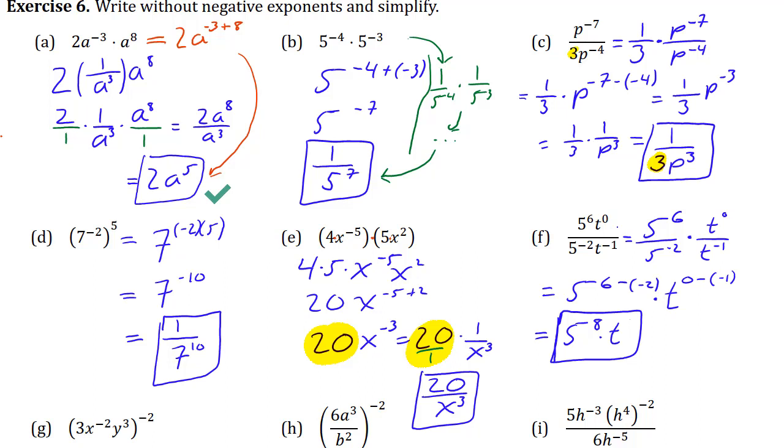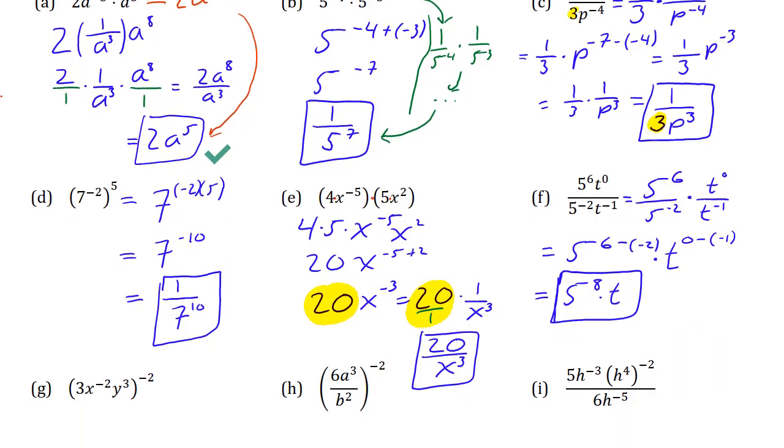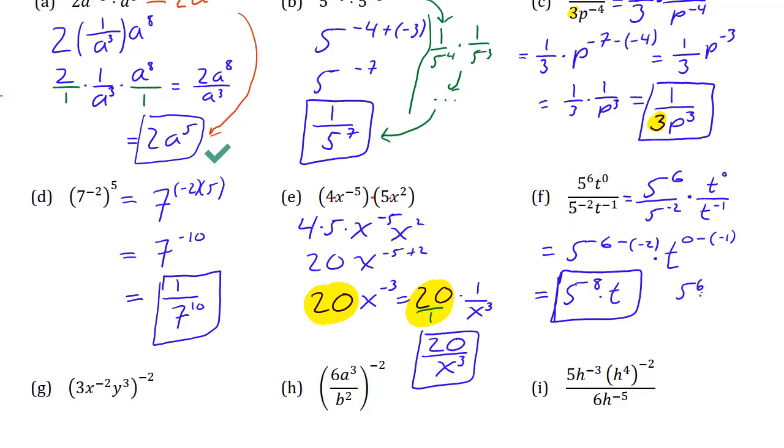Another way to think about this that I think might help is you could always take a negative exponent and move it to the other side of the fraction, is another sort of shortcut rule here, which is I would like to think of this as just 5 to the 6, and then that 5 to the negative 2, you can move it to the top and it becomes a positive 2. Like that.